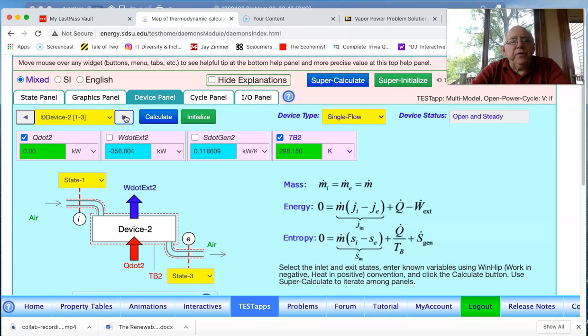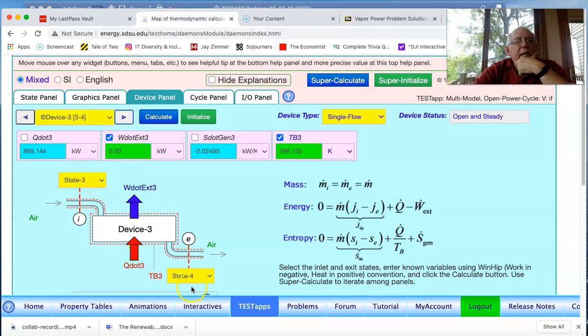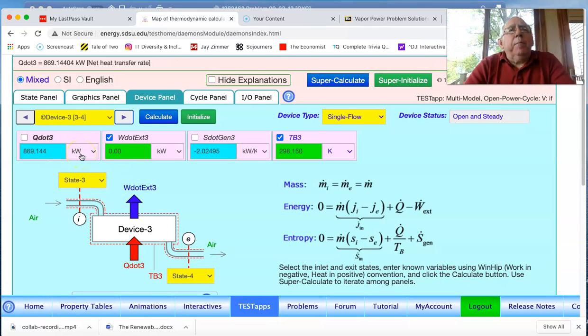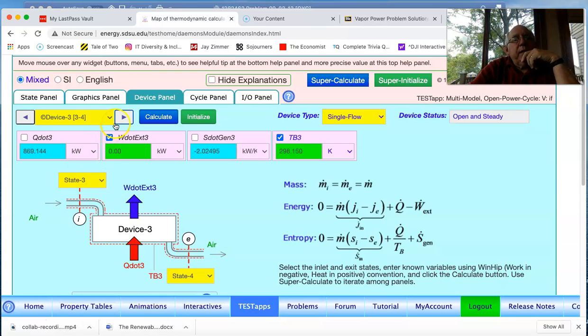Okay, device 2 then was the compressor over on the air side and the amount of work that it needed. Device 3 is the combustion chamber over on the left side and how much heat had to come in to raise the temperature of the air.